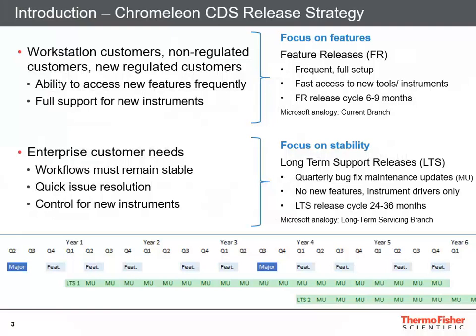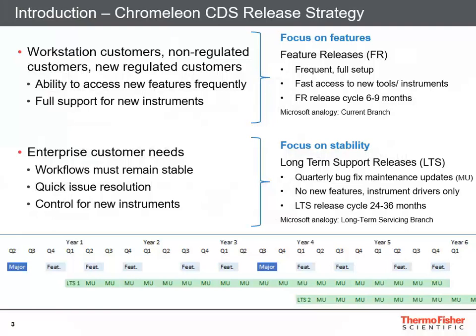Our other stream is the stability focus, which is our long-term support release. This is where the system does not change, it is stable, and it's aimed at our enterprise customers who really don't want to be implementing lots of new features that they don't need. It's a lot of effort to validate that. They also want quick issue resolution, so they need regular releases to fix bugs and issues that they find.